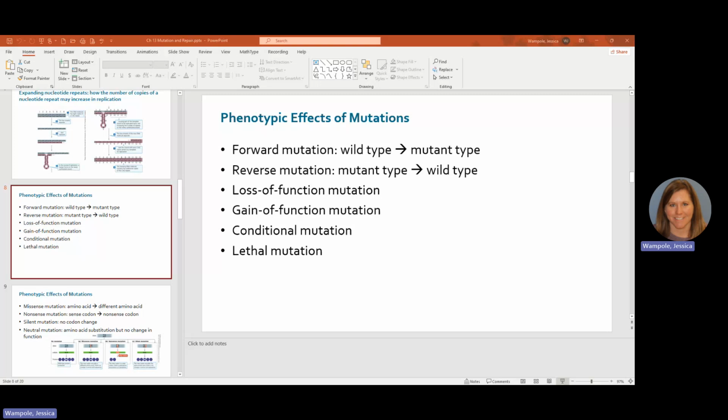The cell can actually remove that methyl, or if we've got a chemical change, the cell can repair it by either removing the nucleotide and replacing it with an unaltered one, or actually physically changing that nucleotide.